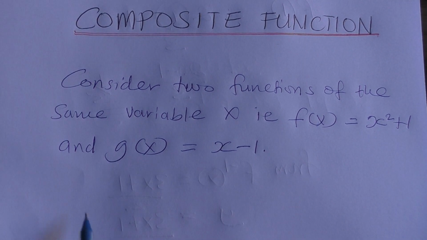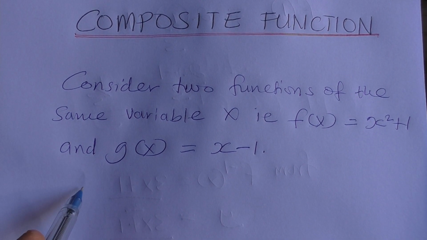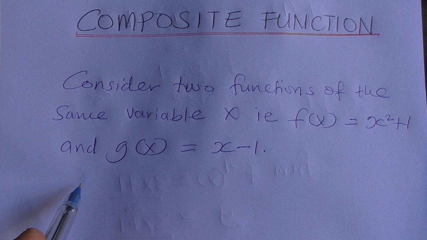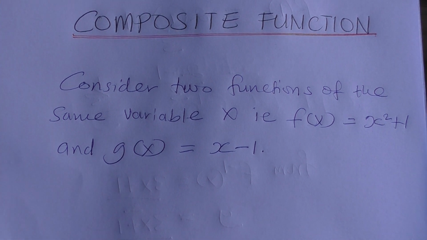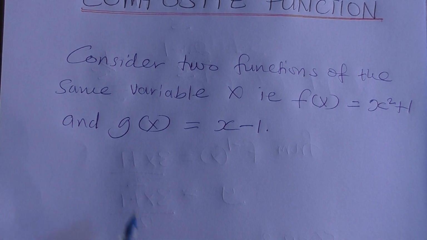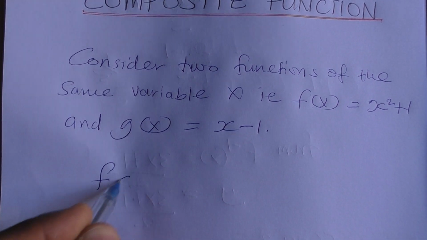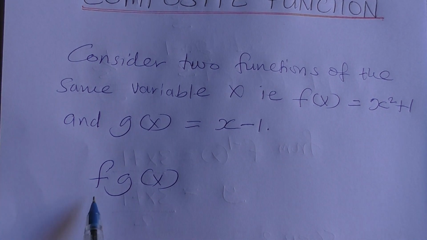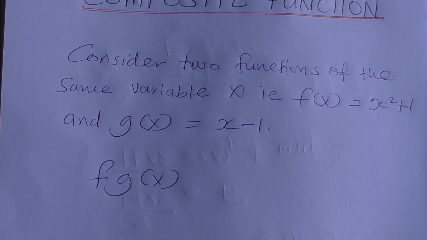Then the meaning of composite function, or when I say a composite function is a function of a function, this is what I mean. I might be asked to find fg of x. This is a combination of two functions.